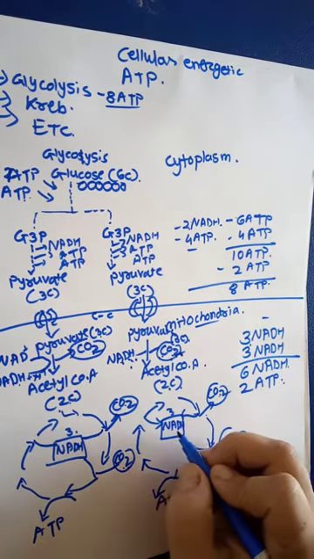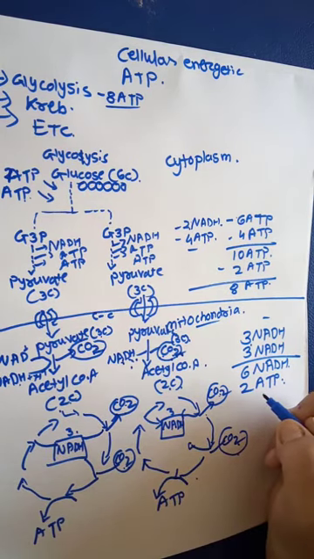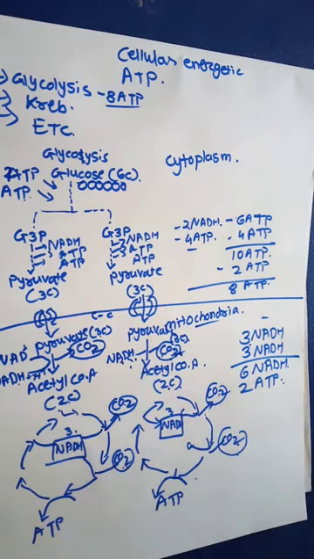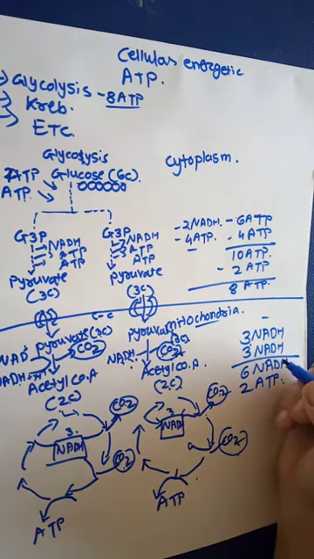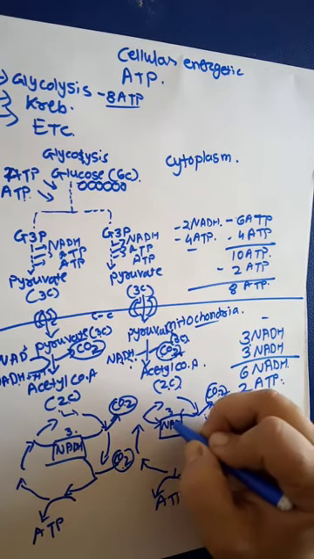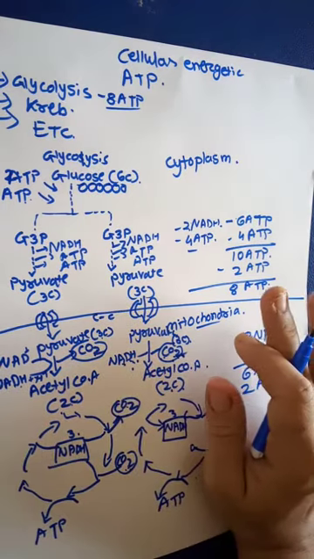Okay, NADH will undergo the electron transport chain and we'll get 3 ATP molecules from one NADH, and that step is oxidative phosphorylation. Here the energy-rich NADH is not directly the source of energy.